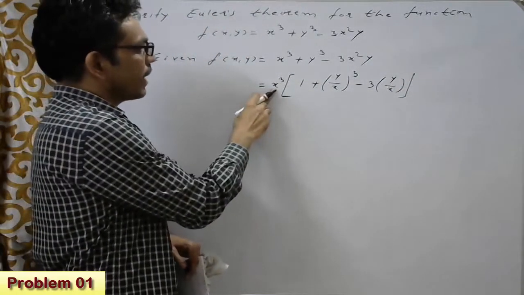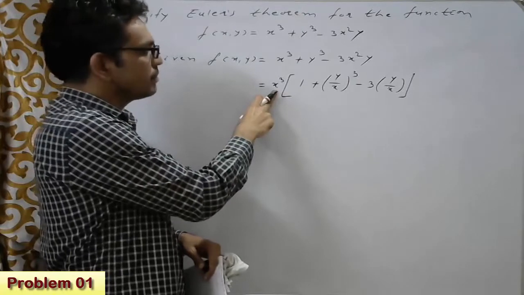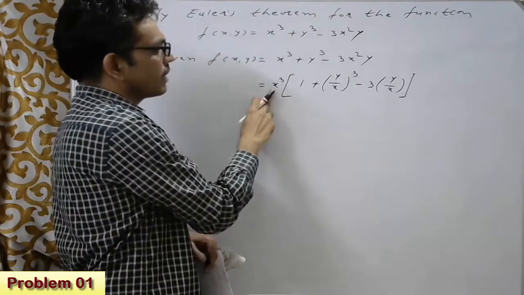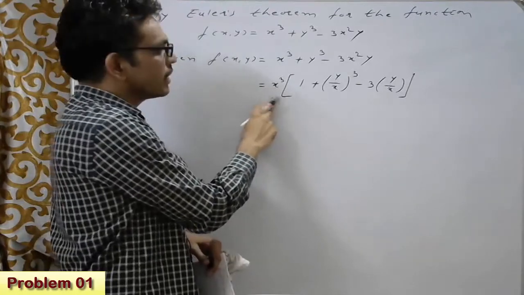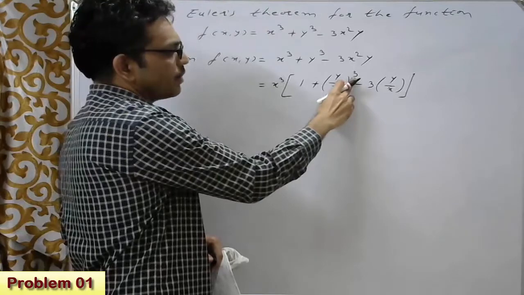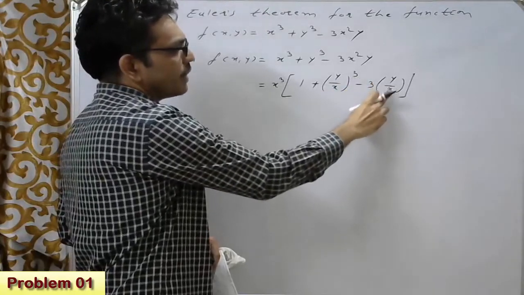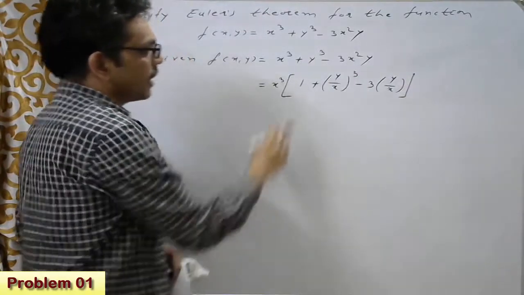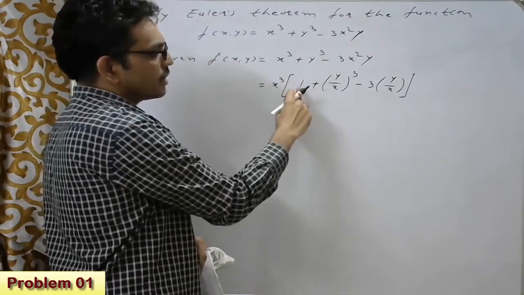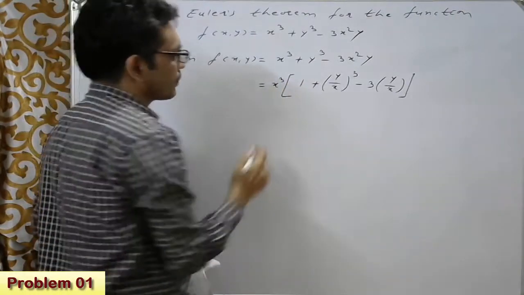See here, x^3 is a common term. Therefore, we take x^3 common in the bracket: 1 plus (y/x)^3 minus 3 (y/x)^1, and here (y/x)^0. Anything raised to 0 is equal to 1.